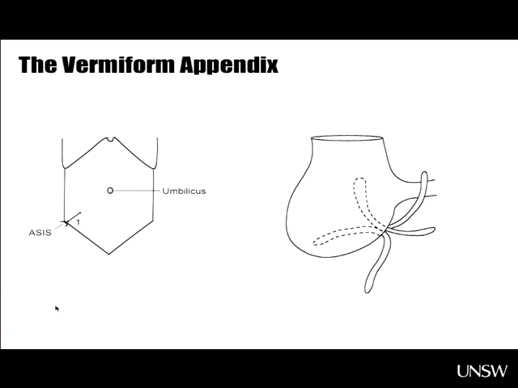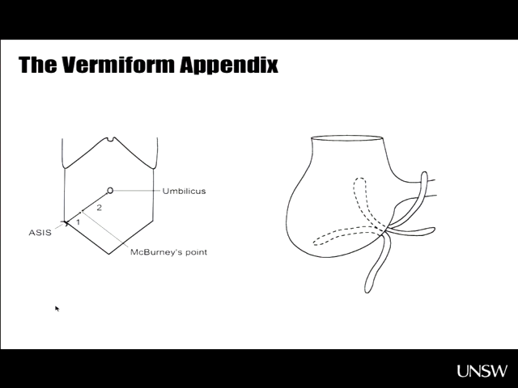If you take a line from the umbilicus to the anterior superior iliac spine, ASIS is anterior superior iliac spine, about 2/3 of the way along that line you've got a point known as McBurney's point. So this is a surface marking, so we're going from the umbilicus to the right ASIS. So this is a surface marking for the point where the cecum is joined by the appendix.